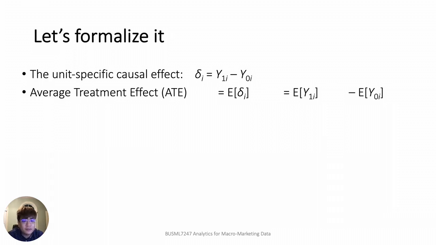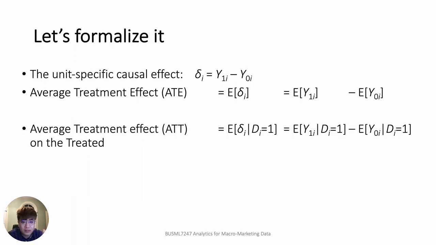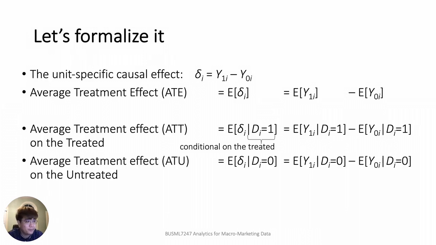There are two more versions of the average treatment effect. One is the average treatment effect only for the treated, so-called ATT. This effect is given by the mean of delta i, conditional on the treated, and by the property of expectation, it is the same as the conditional mean of Y1i minus the conditional mean of Y0i.